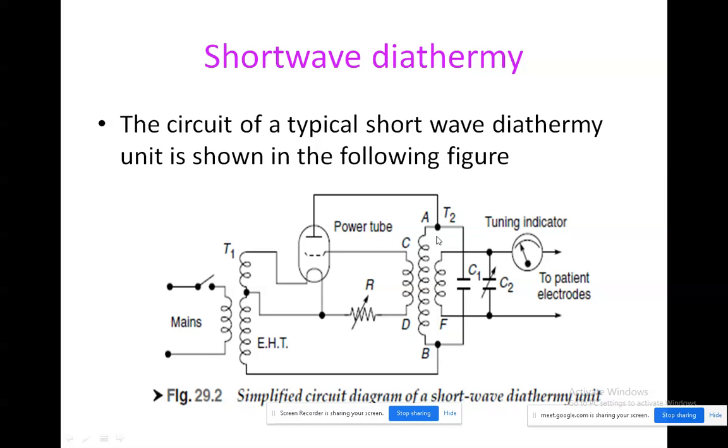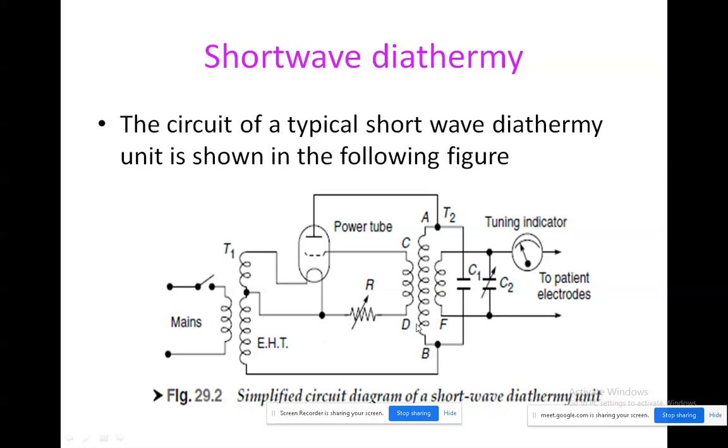In transformer 2, one of the windings acts as the inductor for the tuning circuit. Here you have a variable resistance. If you want to vary the input signal voltage, you can vary the resistance value, and so change the value of the input.